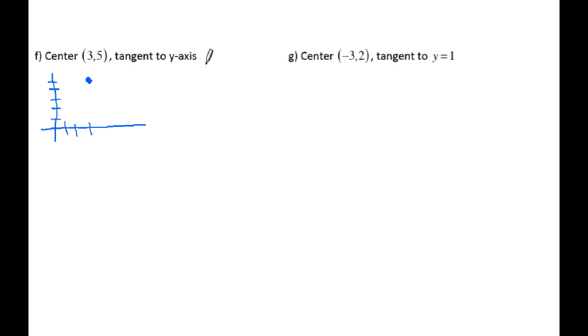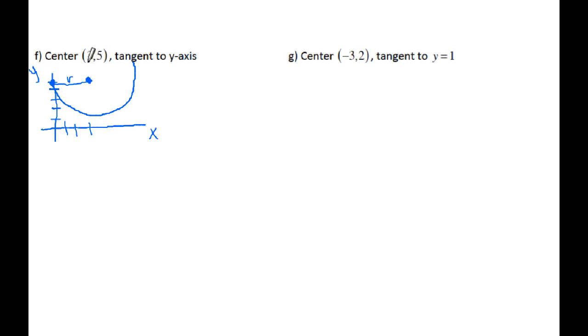Tangent to the y-axis means your circle touches the y-axis. So here's your y-axis, here's your x, there's your y. So my circle is going to touch the y-axis. So the circle is doing something like this, and it keeps going around and around. So what I need to find is this distance over here, and that's going to be my radius.